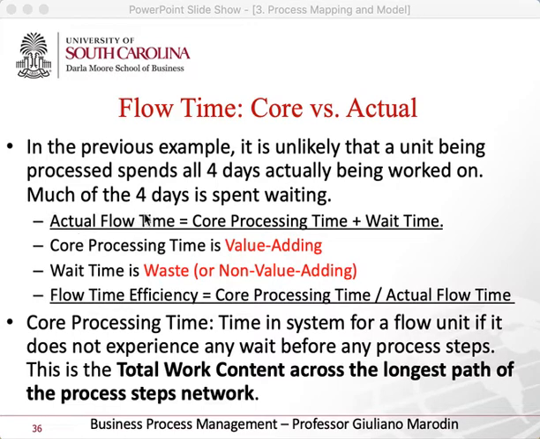The actual flow time is going to be 4 days, but it captures core processing time and waiting time. Core processing time is the value added, waiting time is the non-value added, all the waste, right? And the flow time efficiency is going to be core processing time divided by the actual flow time. Basically it means what is the percentage of the total time that you're actually adding value.